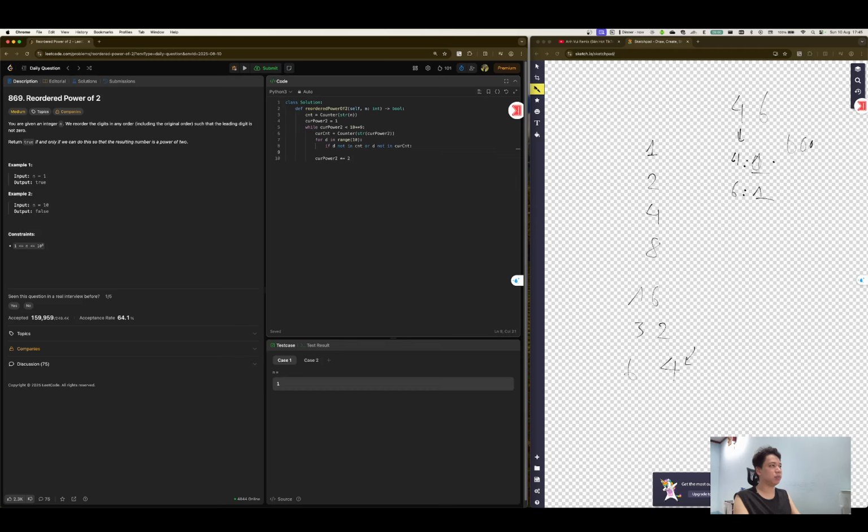So we're not going to break out; we're going to use a flag here. If the flag is still true, we can return true, as we try each power of 2. In the other case, if the counts are not equal, the flag is false and we break out.